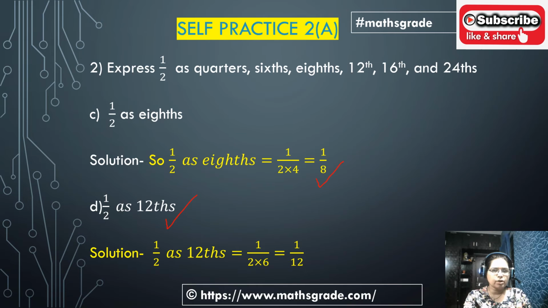We know 2 multiplied by 6 is 12. So 1 multiplied by 6 over 2 multiplied by 6 equals 6/12. So we have expressed half in 8ths as 4/8, and half in 12ths as 6/12.